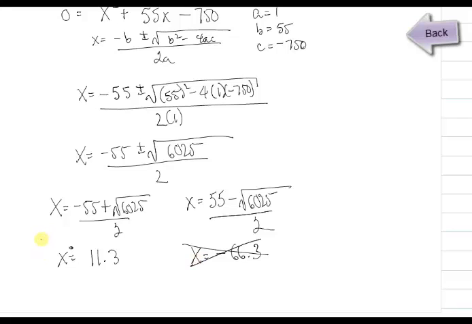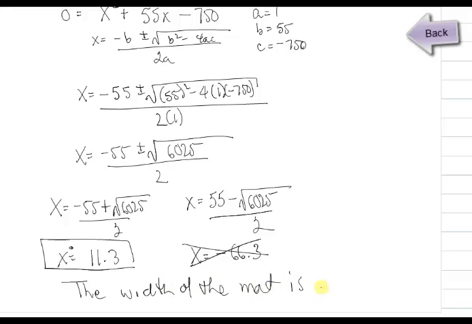And so I can see that the mat has a width of 11.3 centimeters all the way around the painting. So the width of the mat is approximately 11.3 centimeters. And we have finished this section and we have finished this unit.